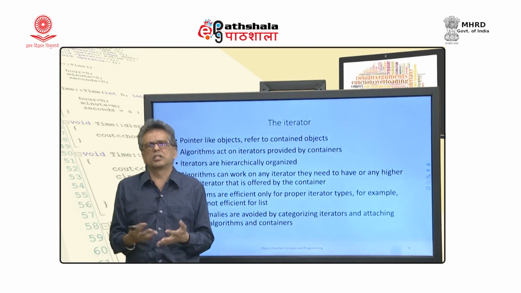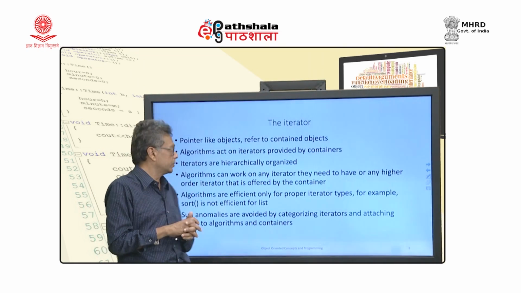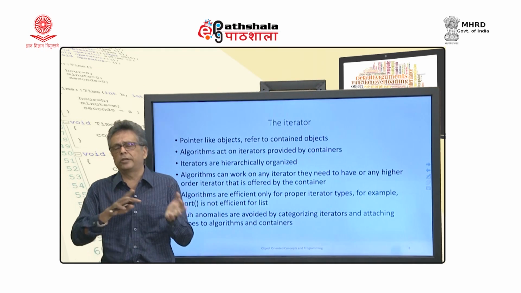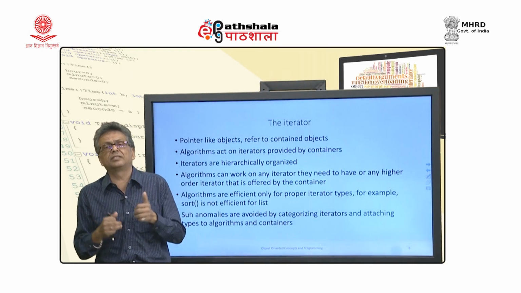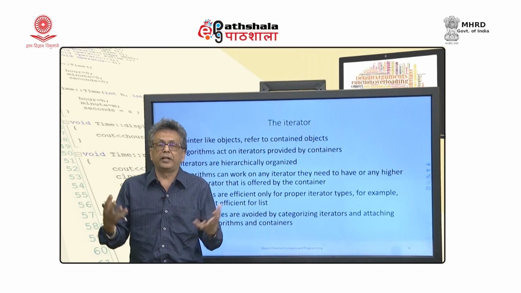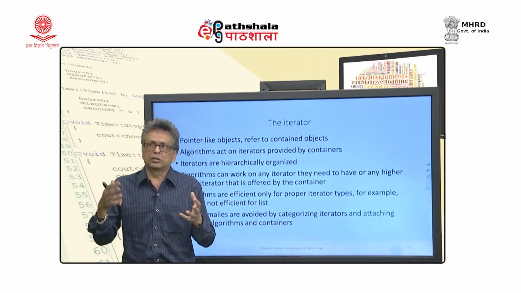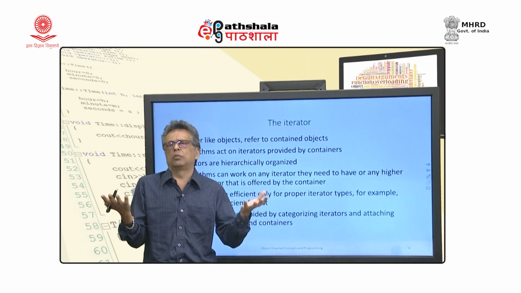So, they act almost the same as pointers, but they are not pointers. In fact, there are two things which differentiate a pointer and an iterator. The first thing is that iterators are classified into multiple categories, and that is a very smart move actually, because sometimes some algorithms do not work well with a given data structure.